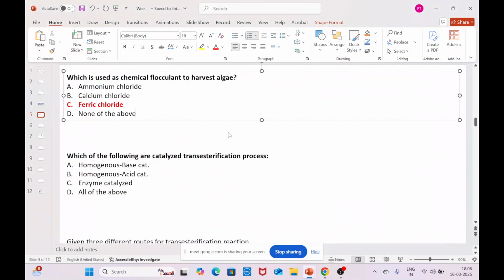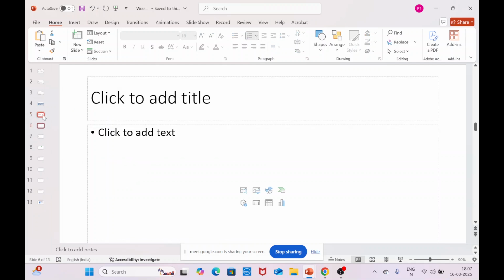So what is a flocculant? Somebody just rightly said it's something that helps in the flocculation process. So what is flocculation? We will use a separate slide.